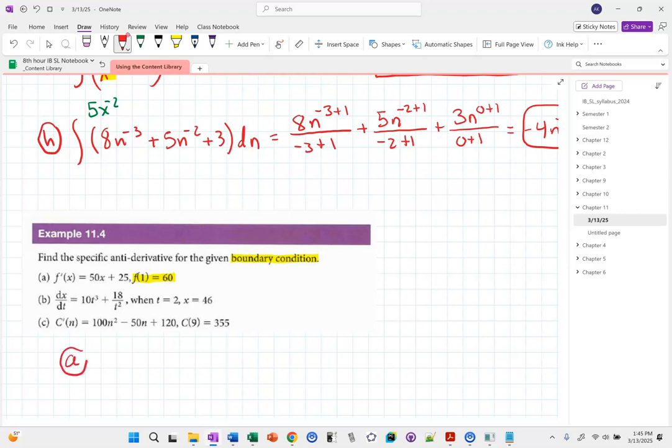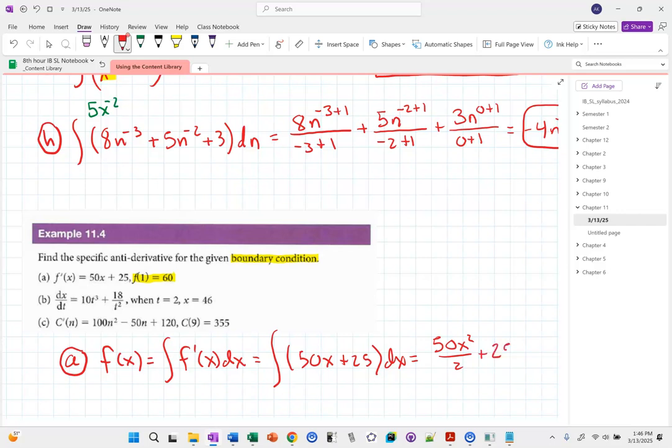So let's do A together here. So the antiderivative of f prime would just be the integral of f prime, which is the integral of 50x plus 25 dx, which is 50x squared over 2 plus 25x plus c.